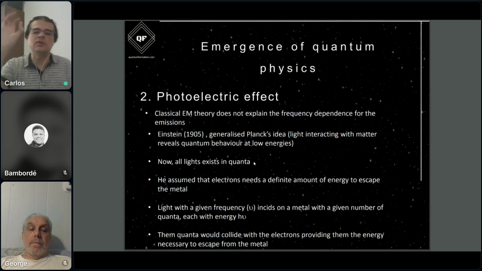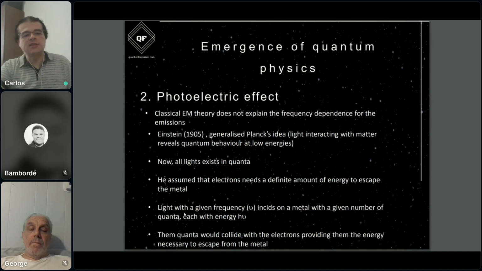That was what Planck said, 5 years before. So Einstein came and said, no, this is not only a particular thing that happens inside a cavity that emits radiation. That is a general property of the light.